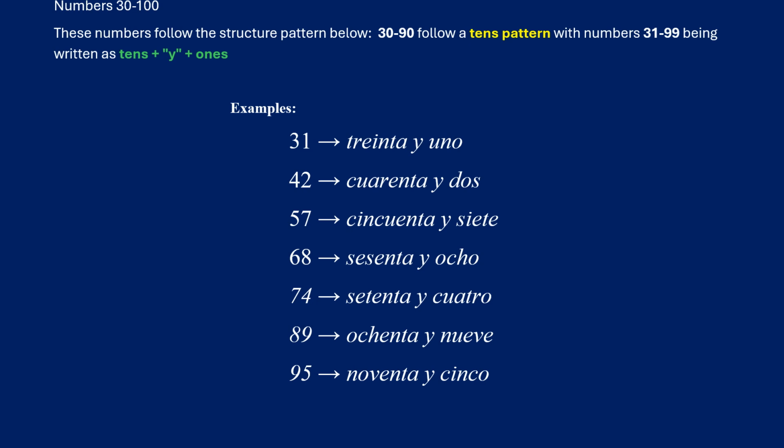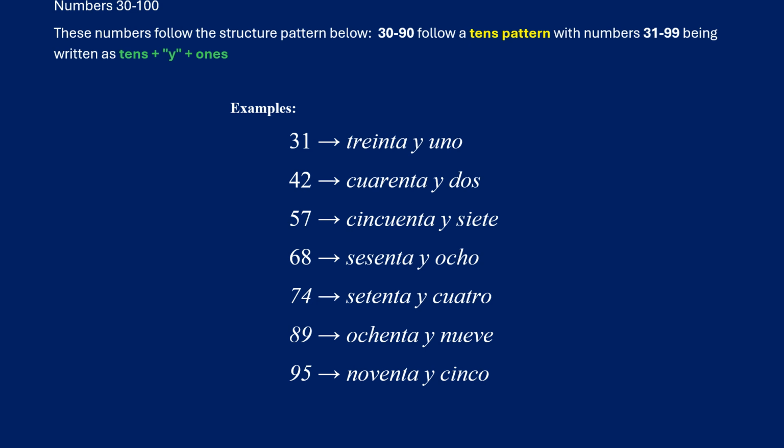For example, we have here 31, treinta y uno, 42, cuarenta y dos, 57, 68, 74, 89, and 95.